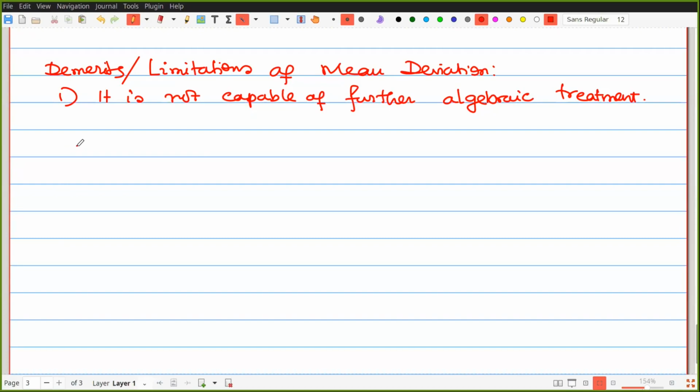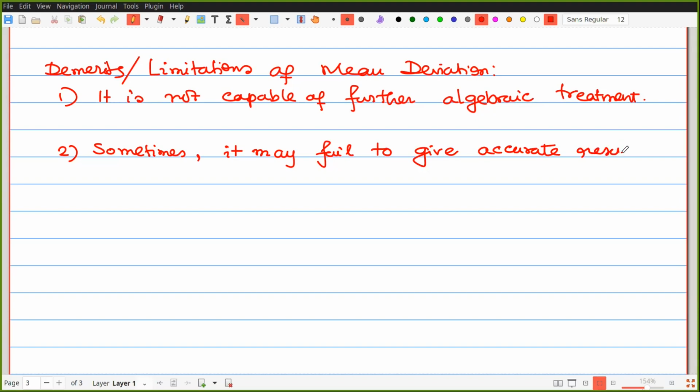Now, the second one, very important: sometimes the mean deviation may fail to give an accurate result. Why?